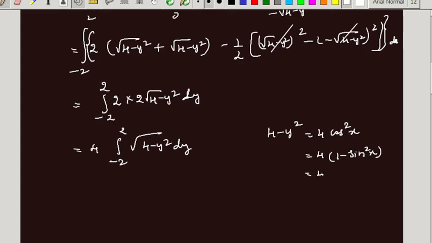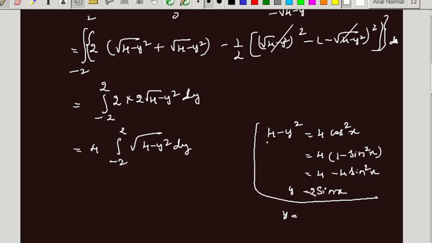So if we multiply this one, 4 minus 4 times sin square x. If we compare this, we can write y equal to sin x. So this is one of the methods. Or else, simply we substitute y equal to 2 times sin x. Here 4 is there.